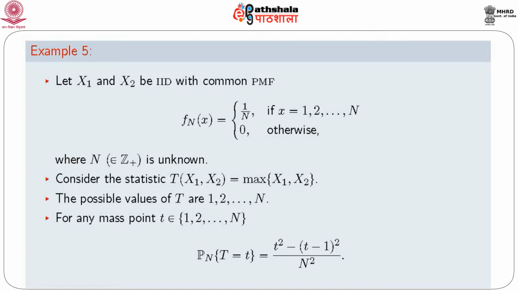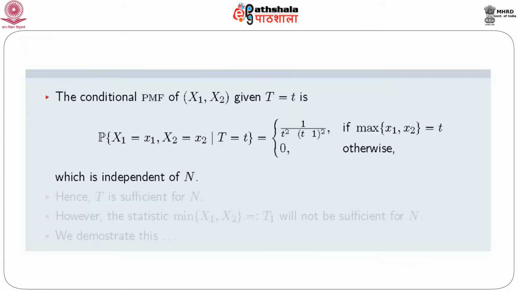Thus we get probability under N of T equals small t is equal to t squared minus (t minus 1) whole squared, divided by N squared. Hence the conditional PMF of X1, X2 given T equals small t is probability X1 equals x1, X2 equals x2 given T equals t.